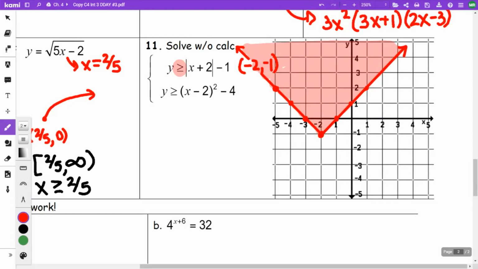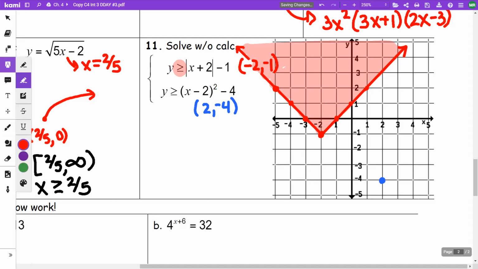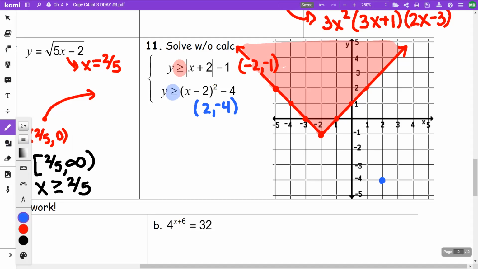Now the second one, vertex is going to be at (2, -4). So I'm going to go to 2, -1, 2, 3, 4. It's also going to be a solid line, or curve, because it is a parabola. And for this, it's just a basic parabola.